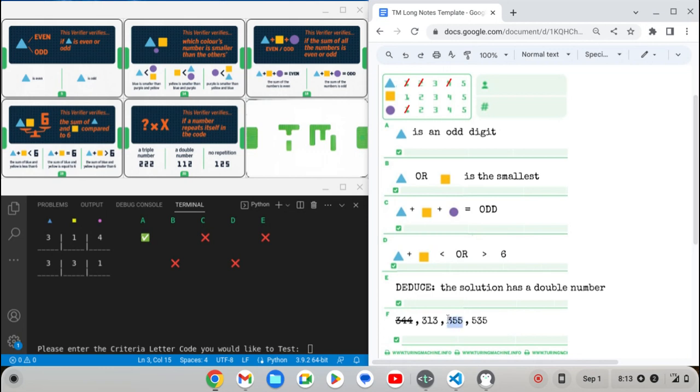I just don't see the difference based on all the criteria cards. Now it comes down to square being the smallest, and basically what is the sum of the first two digits. Is it less than or greater than?